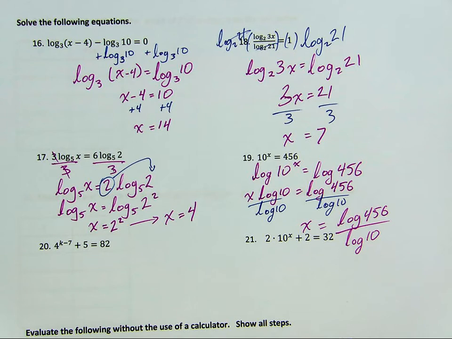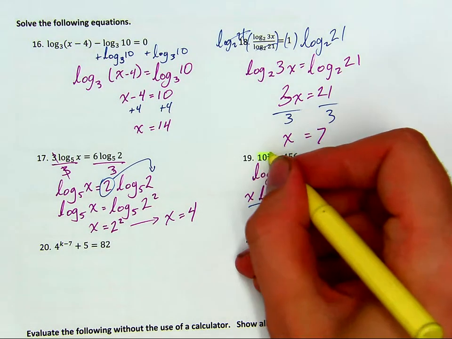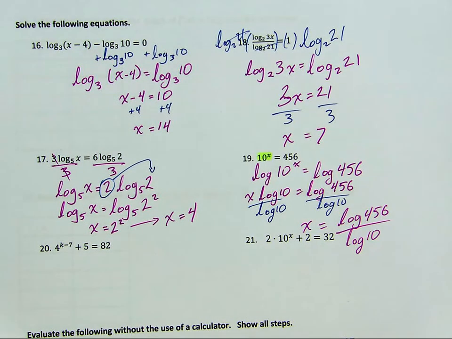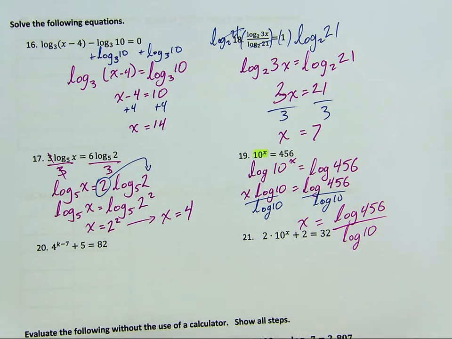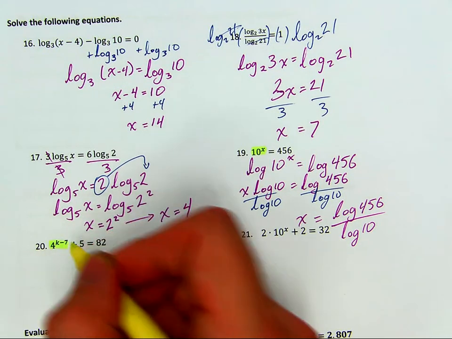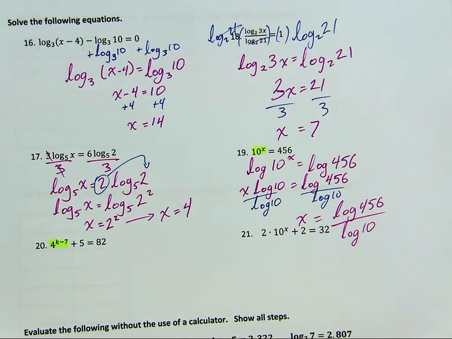Number 20 is a similar type of problem. Look for a variable. Here it's in the exponent, and then there's the base. So this 4 to the power k minus 7 is what we're focused on. We want to get rid of everything else besides that. So that plus 5 that we see right here, we need to get rid of that. So subtracting both sides by 5 will help us solve that.